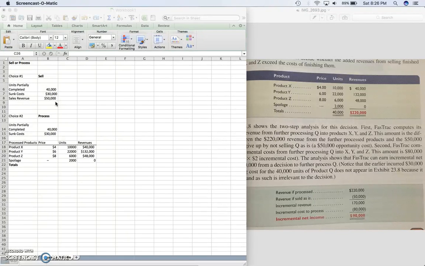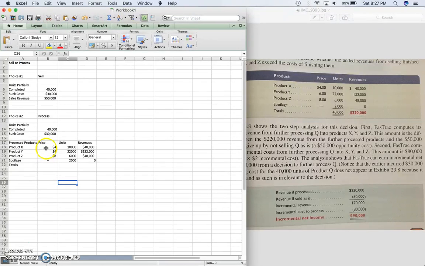Choice two would be to process them. We still have our units, and we still have our sunk costs because those don't go away, but this is what our possibilities look like. Product X would be $4. These are all listed in the book, but I just wrote them down. $4 for product X, 10,000 units would be $40,000.